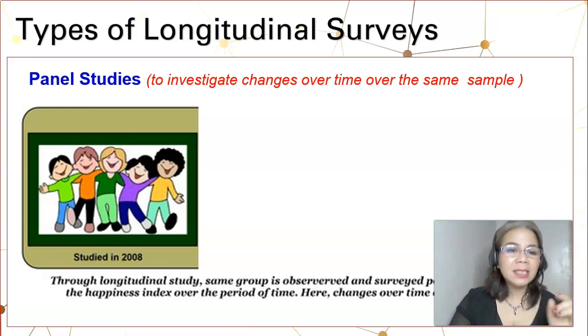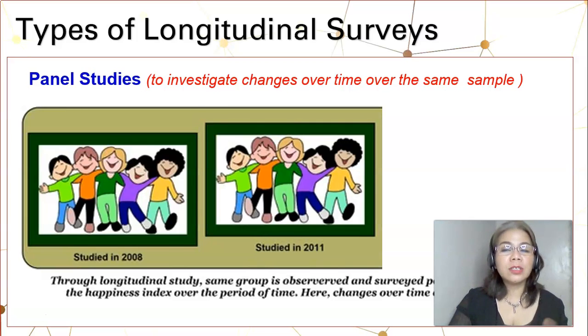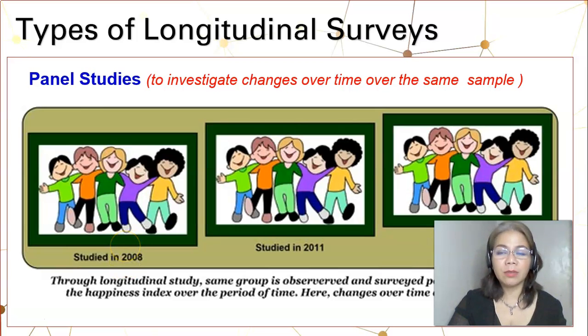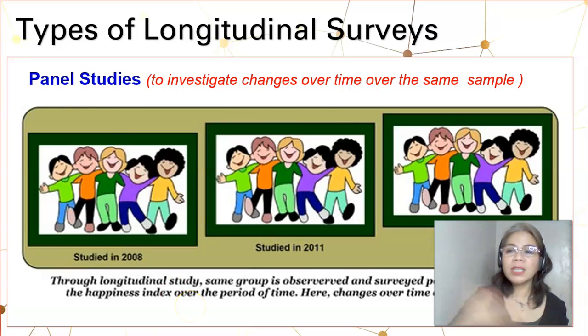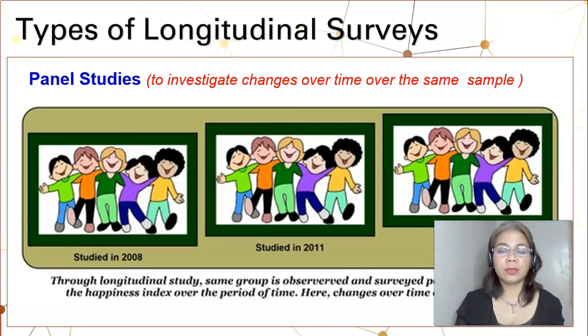So this sample that you studied in 2008 will be the same sample that you will study in 2011, and the same sample that you will study in 2014. And over time, you will see the exact changes that took place from 2008 until 2014. And it's important to take note that you are studying the same sample of individuals.